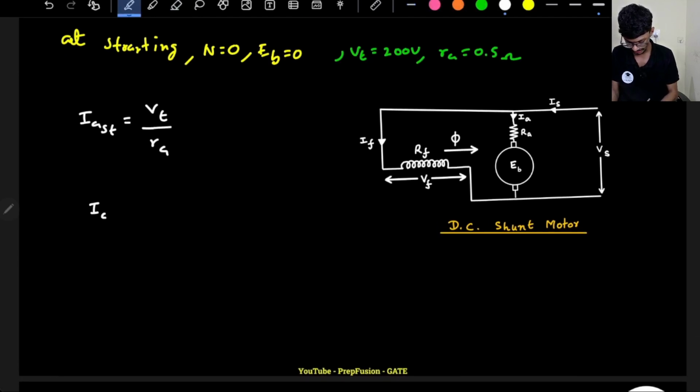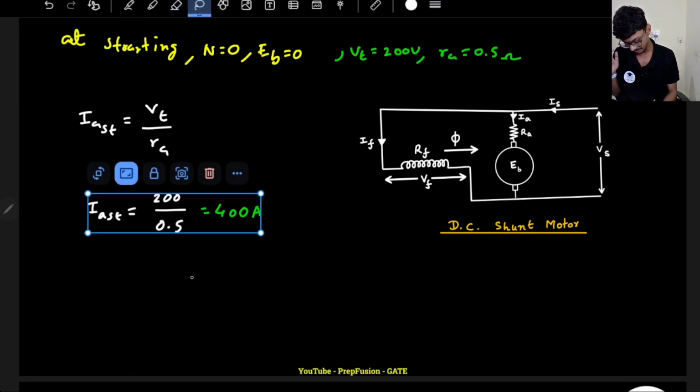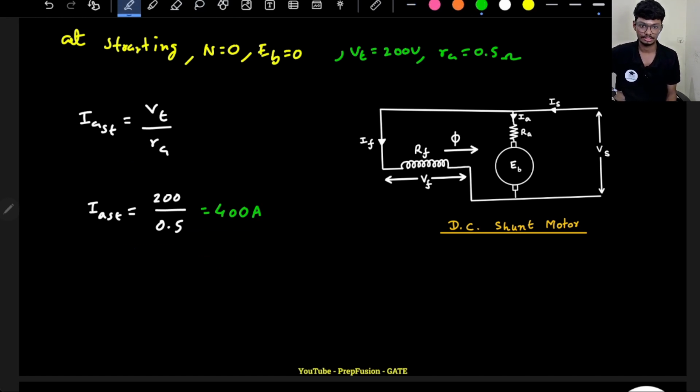The starting current I_a starting will be equal to V_t, that is 200, divided by R_a, that is 0.5. So this will be equal to 400 amperes. This is the starting current.